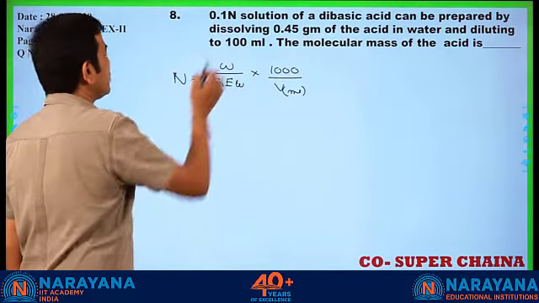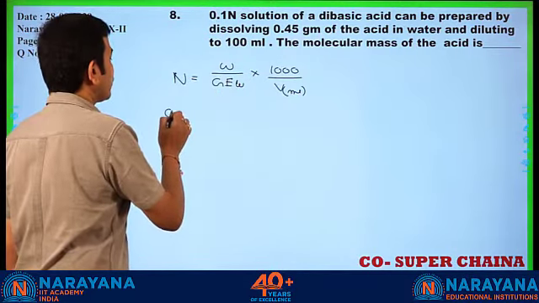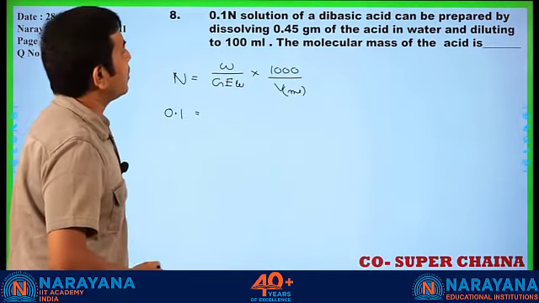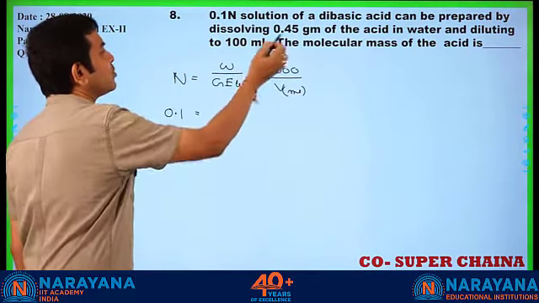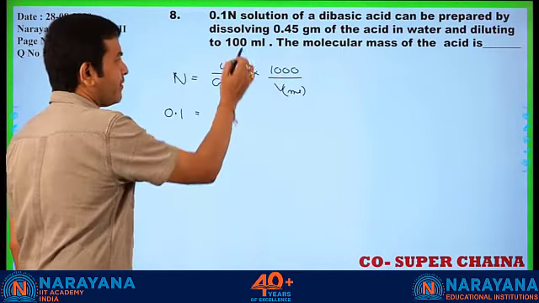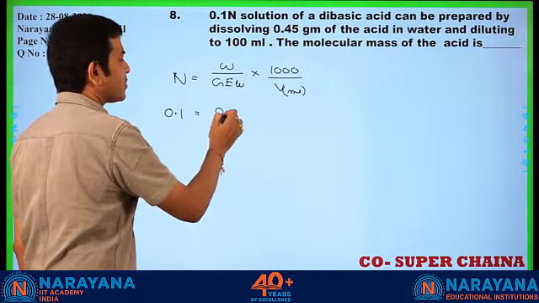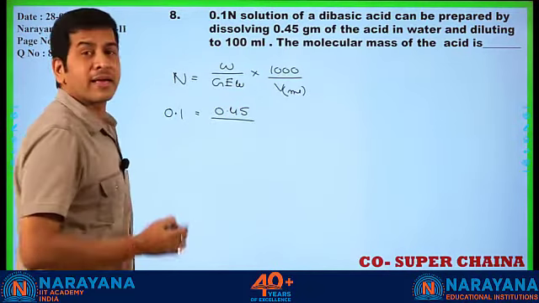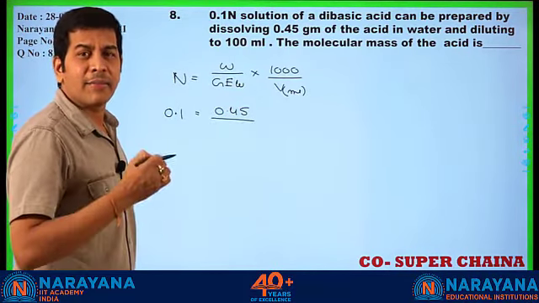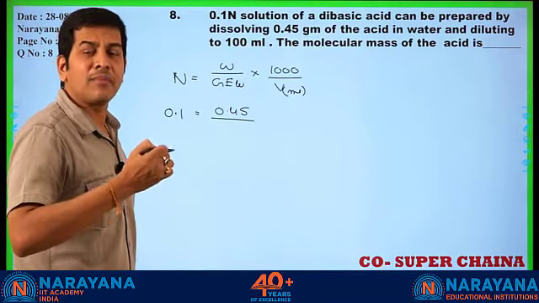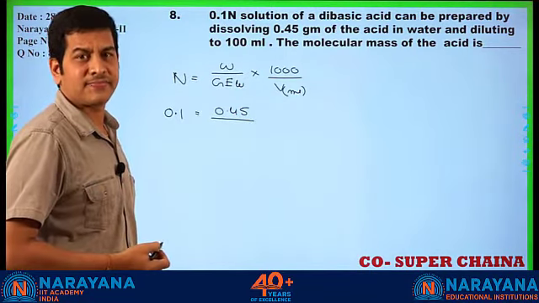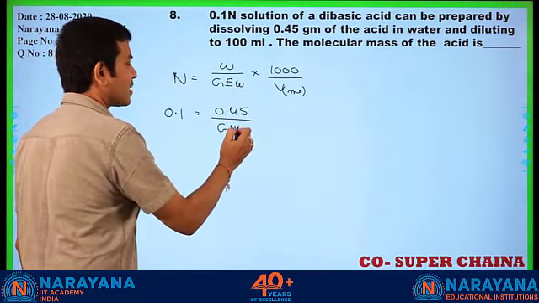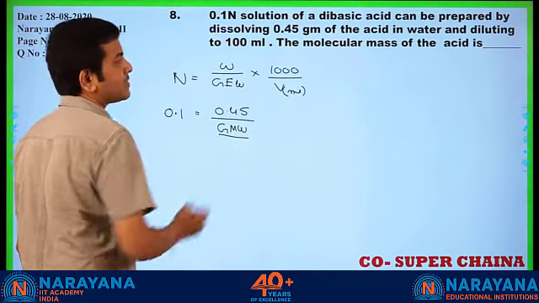Here the normality value is given, 0.1 normality, and the weight of acid is given, 0.45 grams, divided by gram equivalent weight. Gram equivalent weight is equal to gram molecular weight by valency.